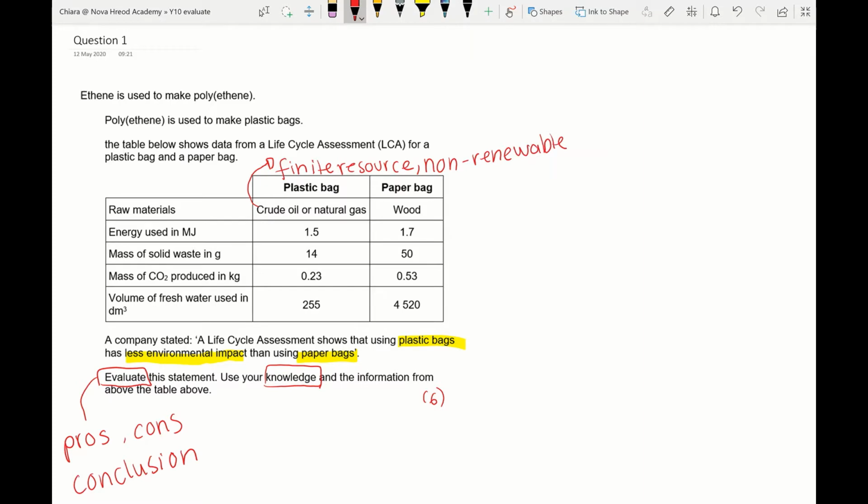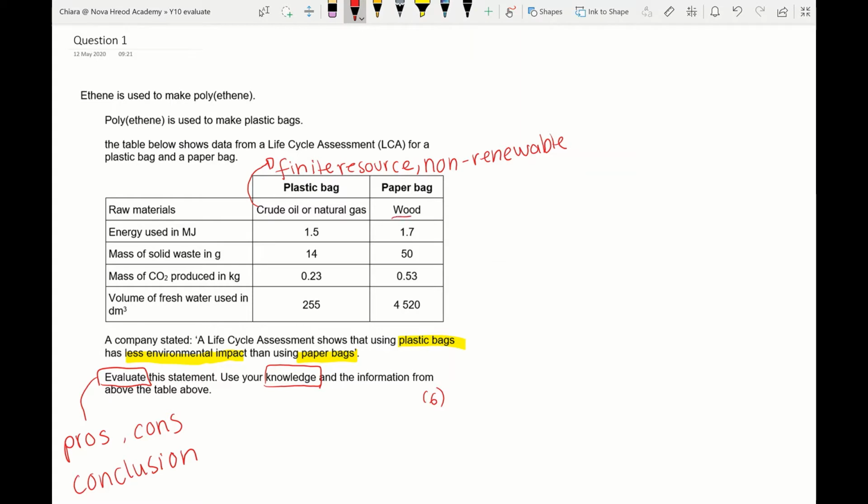As you probably remember, crude oil is the remains of ancient biomass, and it consists mainly of plankton that was buried in mud for billions of years, and then this crude oil was formed. So we can't really reform it within our lifetime. That's why it's a non-renewable resource.